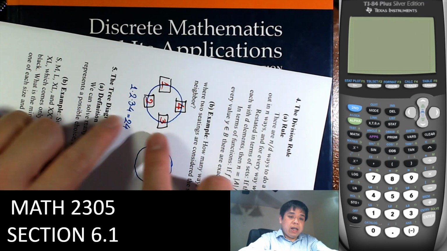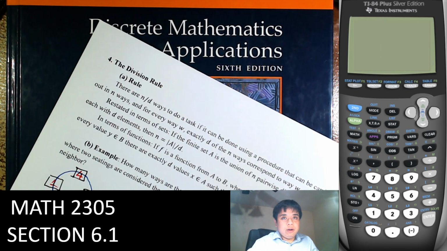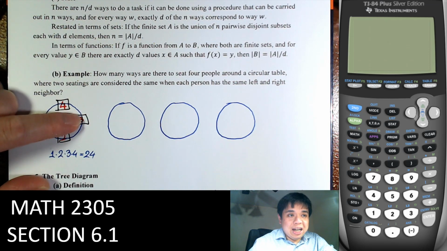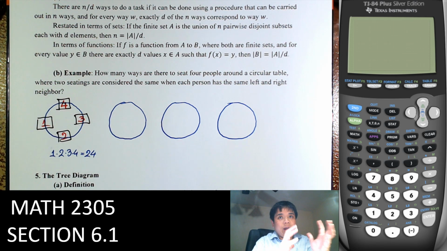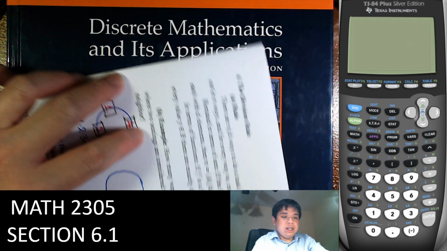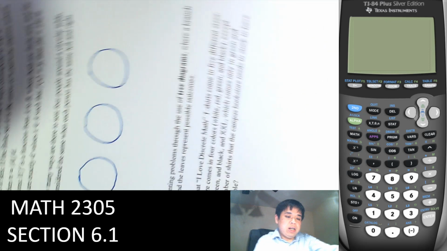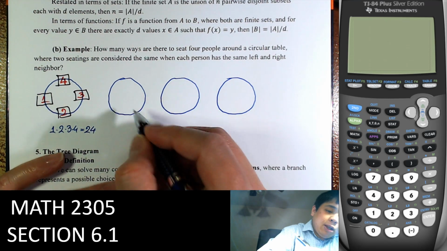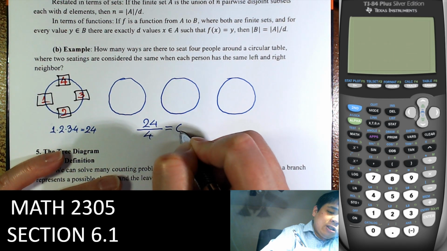Even though the first spot you can choose 4, and the next spot 3, and then 2, and then 1 left, remember we can rotate. Whatever you choose on that place, if you rotate, there will be another position. Bottom line is there's 24 total, but we have to divide by 4. So that's only 6.